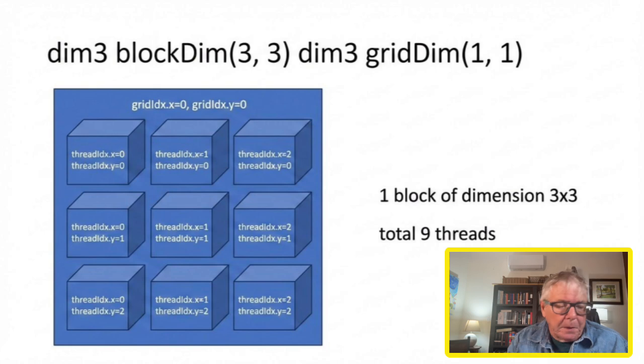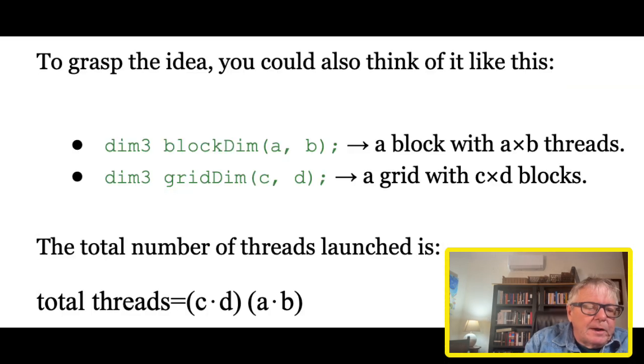Here's another way to grasp the idea, because you can see a definite relationship between grid dim and block dim. Think of, for example, block dim A B. That's a block with A by B threads.